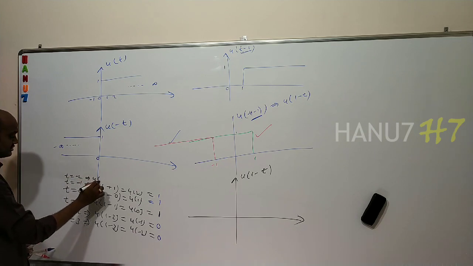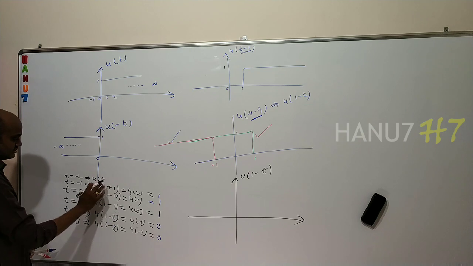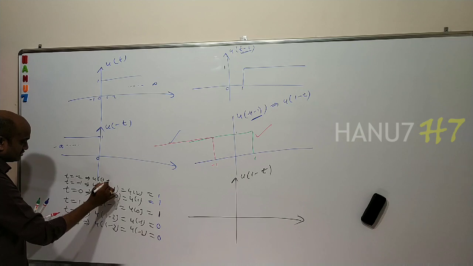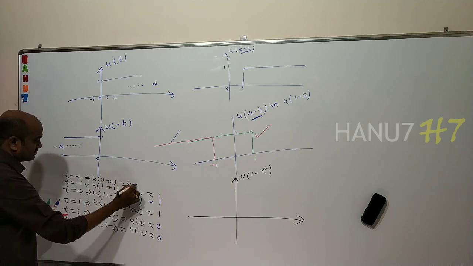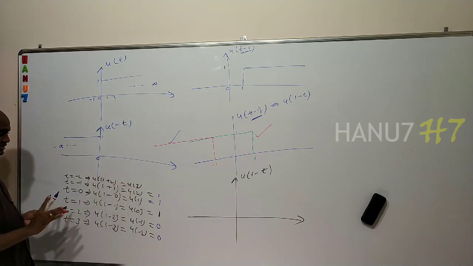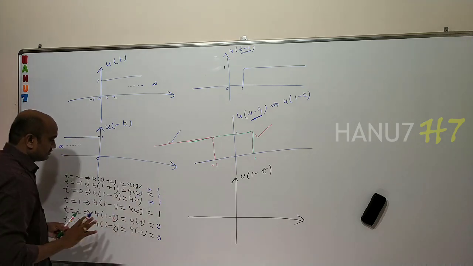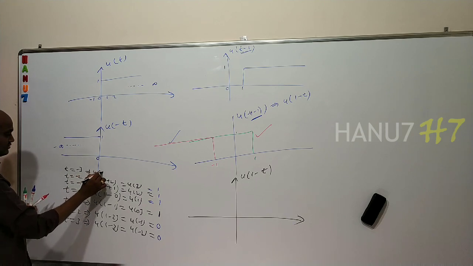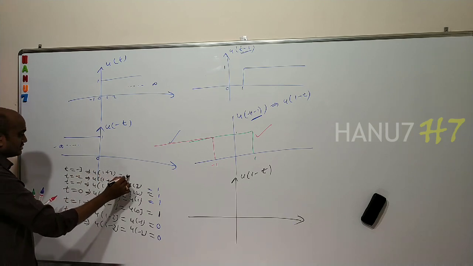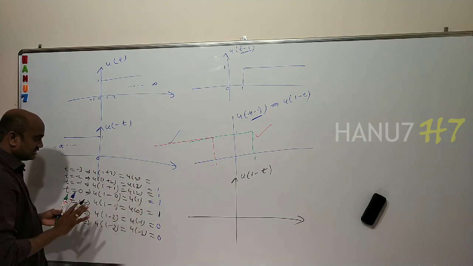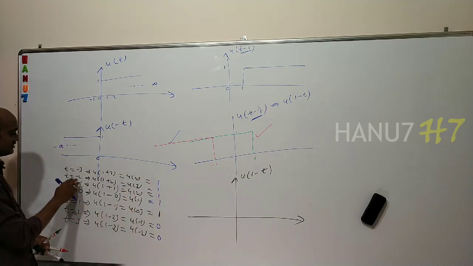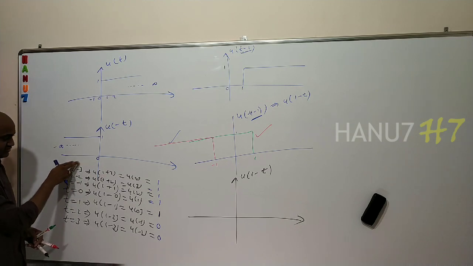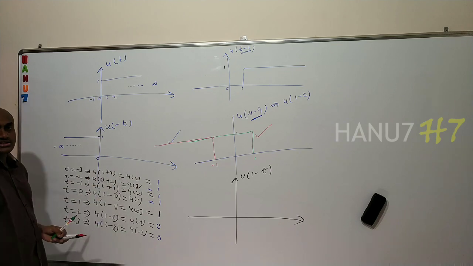That implies u of 1 plus 2, that is equal to u of 3. So u of 3 is also 1. Take another value, t is equal to minus 3, that implies u of 1 plus 3, that is equal to u of 4, that is also equal to 1. So the conclusion is, for all negative values from minus 1 onwards, we are always getting the answer as 1.